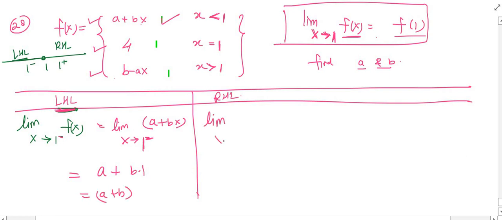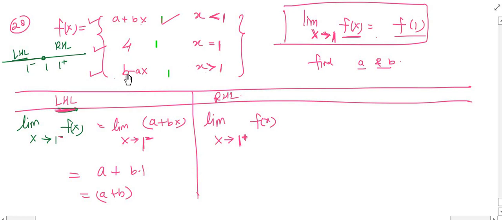Now the right hand limit, 1 plus f(x). This is the notation. Okay? 1 plus f(x). Now we will choose which f(x). First one, second one, or third one. See, 1 plus means more than 1. So which one we will take?